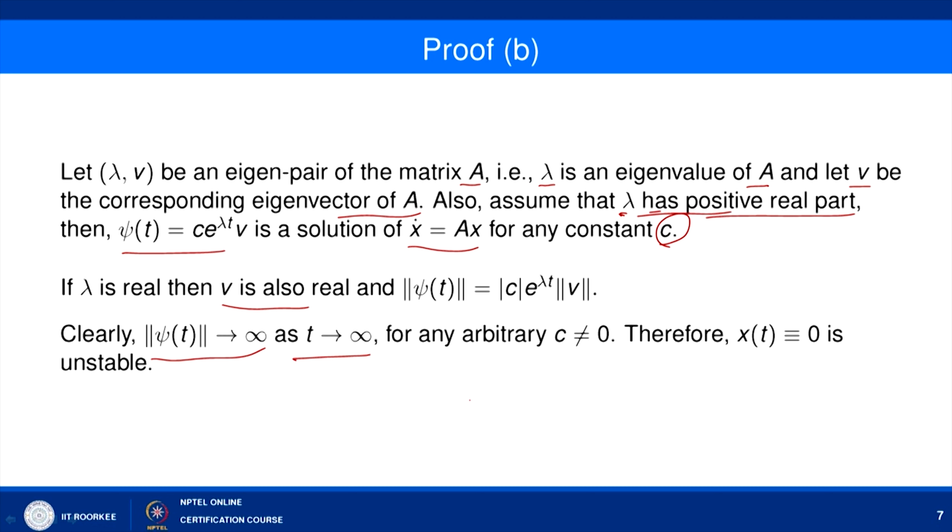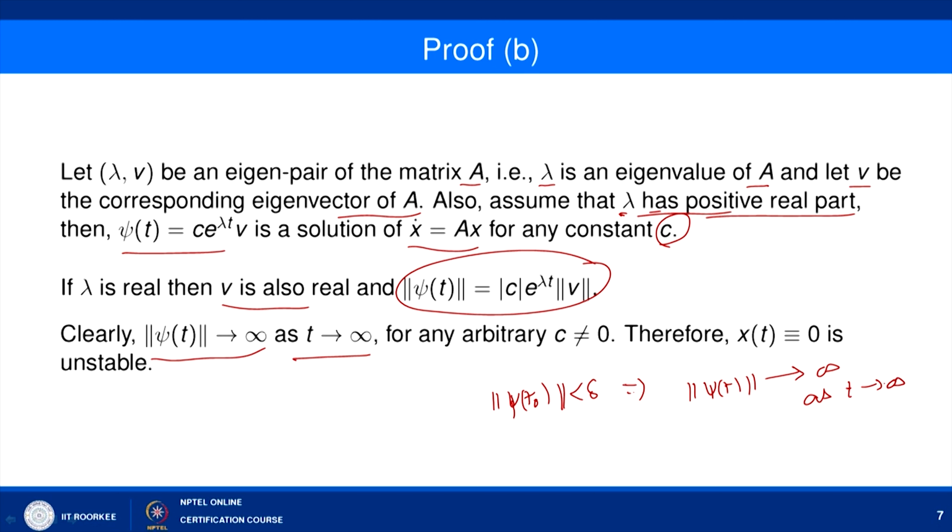So, it may happen that initially norm of psi of t naught is less than delta, but we have already shown that psi of t is tending to infinity as t tends to infinity. It means that I cannot find any epsilon greater than 0 such that norm of psi t is less than epsilon for any delta such that norm of psi t naught is less than delta.